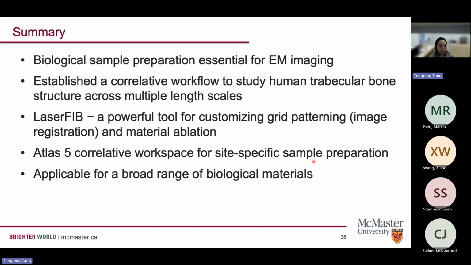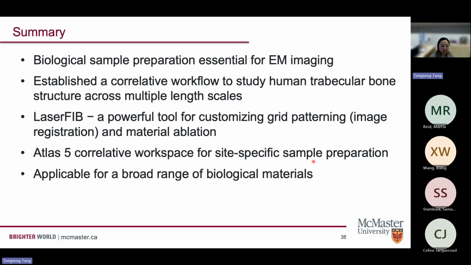And for the second part of my talk, I talked about the recent work that we did at the CCEM in terms of how we established this correlative workflow to study the human trabecular bone tissue at different length scales. And we demonstrated that the laser FIB can be a really powerful tool to customize this grid patterning to help facilitate the image registration between the different modalities.